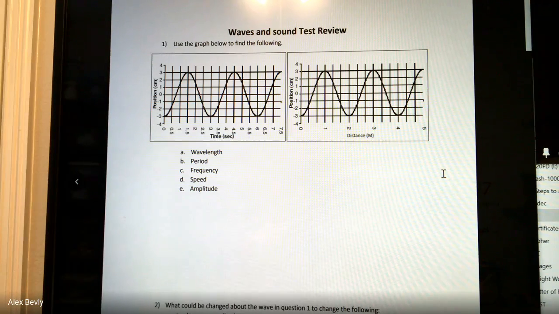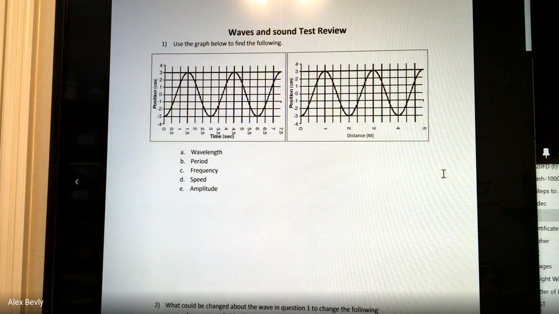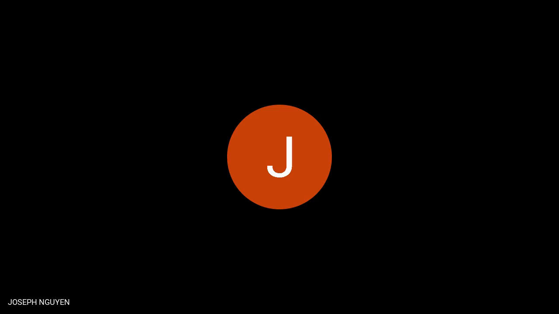So when we're getting wavelength, first of all, which axis are we looking at, the x or the y? The x. So if we're looking at the x axis and we need a length, left graph or right graph? Right.